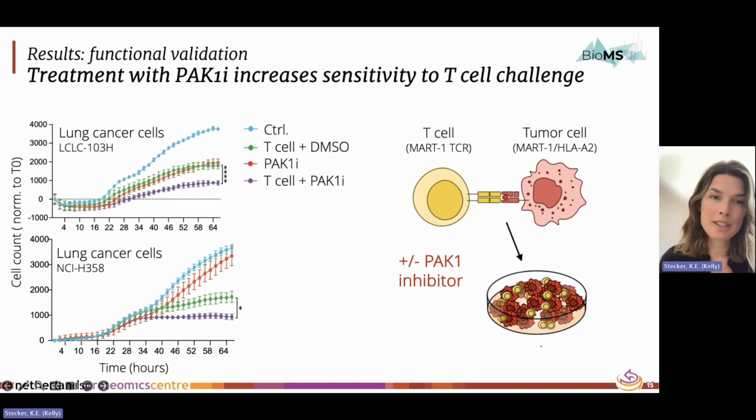And in blue, you can see the control condition without any treatment. In red and green, you can see the individual treatment of the PAK1 inhibitor or T-cell treatment. And in purple, you can see the combination of T-cell incubation with PAK1 inhibitor. And in the different cancer tumor lines, we see that the combination treatment further sensitizes tumors to T-cell attack.